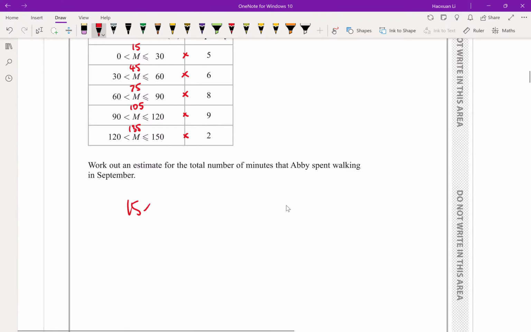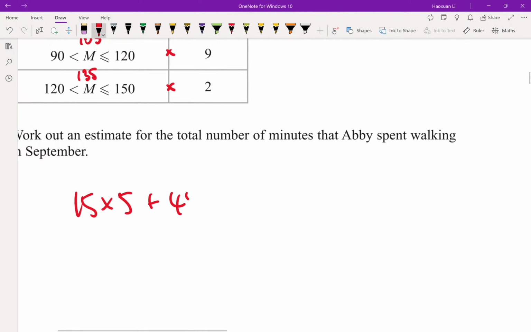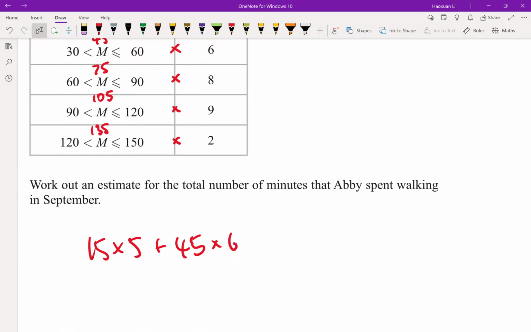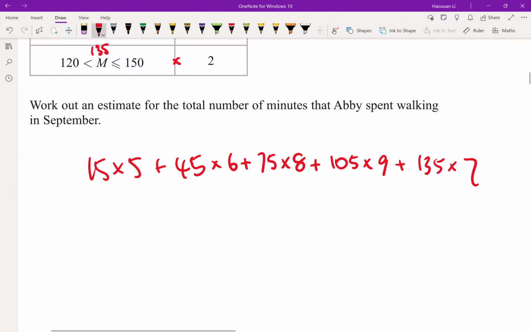So 15 times 5 plus 45 times 6 plus 75 times 8 plus 105 times 9 plus 135 times 2, and this should give 2160 if you put it in your calculator.